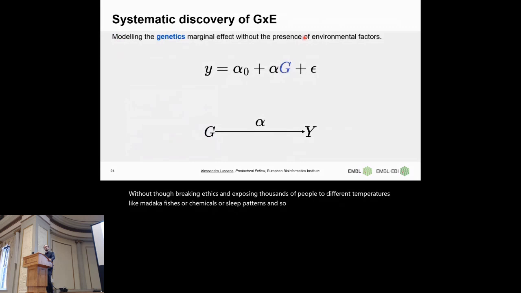So the standard way of testing associations between genetics and environment is with this linear model that Federico already showed before, where you have a genotype value, an error term, and an intercept for quantitative traits. Here you're simply assuming that there is a causal path between the genetics and the outcome Y.